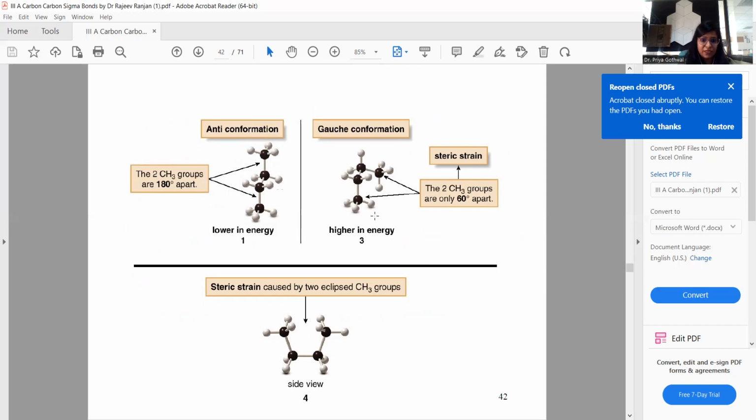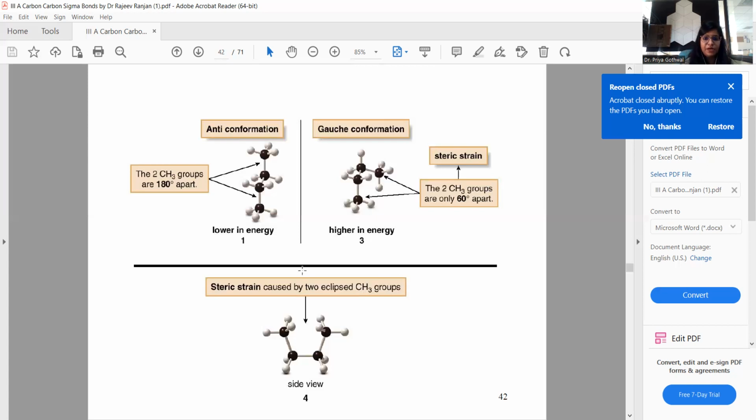Here we can see the anti conformation, Gauche conformation, and steric strain. First I discuss the anti conformation. The two methyl groups are 180 degrees apart, which is known as the anti conformation, which is lower in energy. The Gauche conformation is higher in energy because the two methyl groups are only 60 degrees apart, so steric strain occurs.